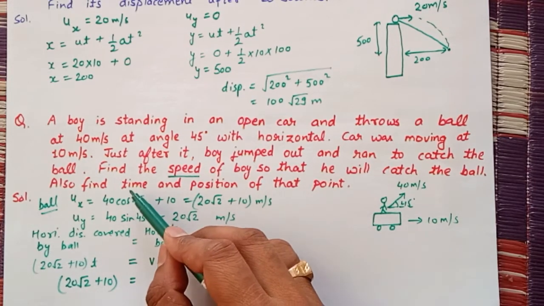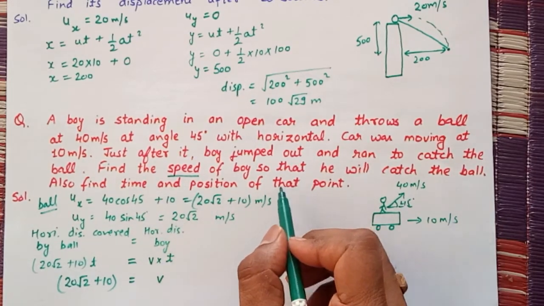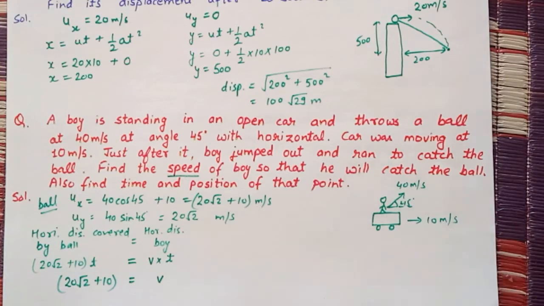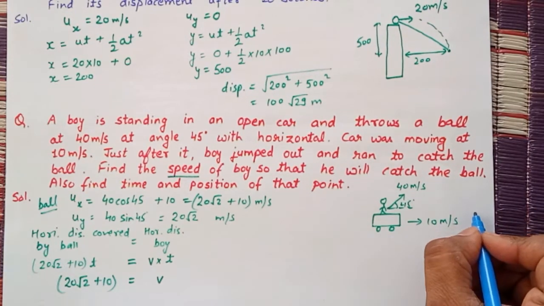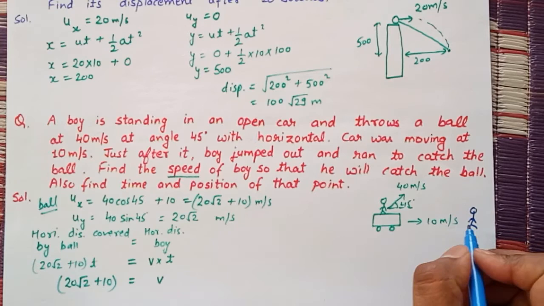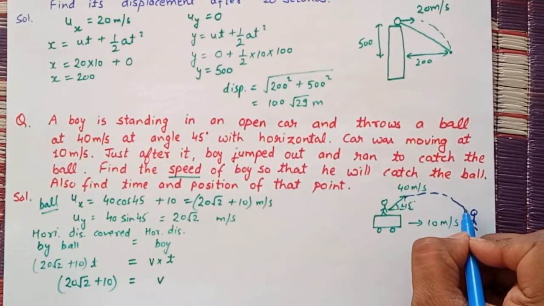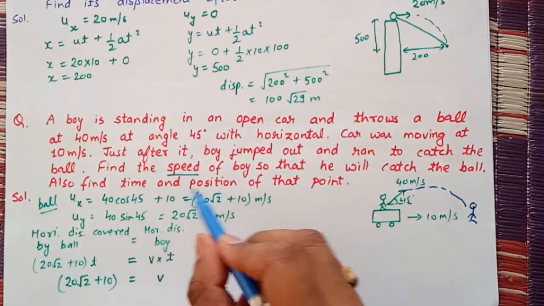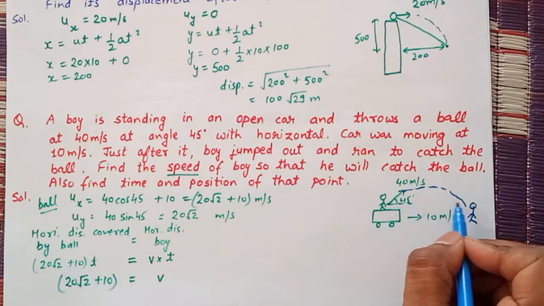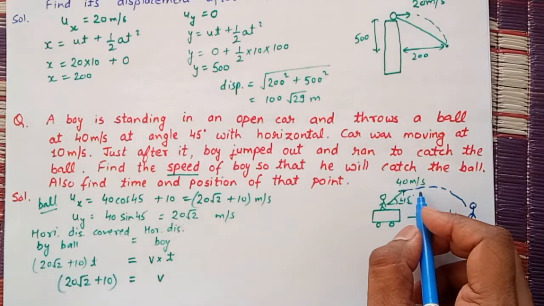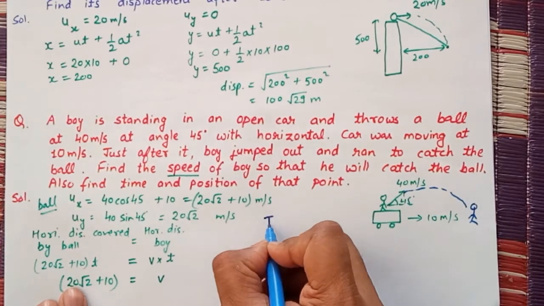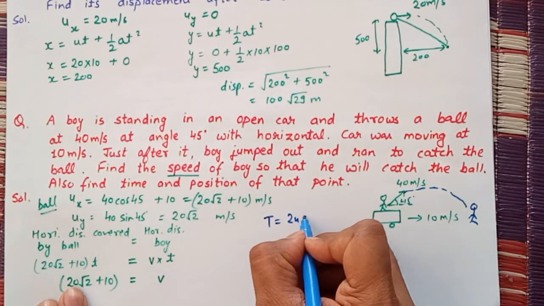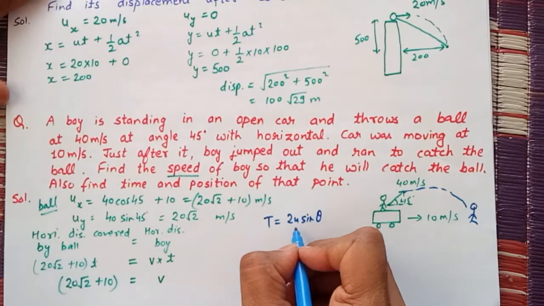Now we have to find the time and the position of that point. So let the boy catch the ball here. This will be the time of flight. Time of flight of the ball will be equal to the time, and the position of that point will be equal to the range of the ball. Applying the formula of time of flight, it is 2u sin theta by g.